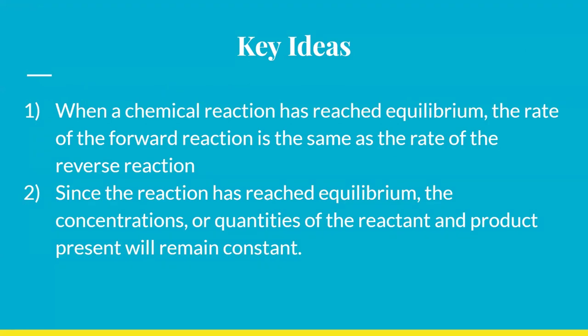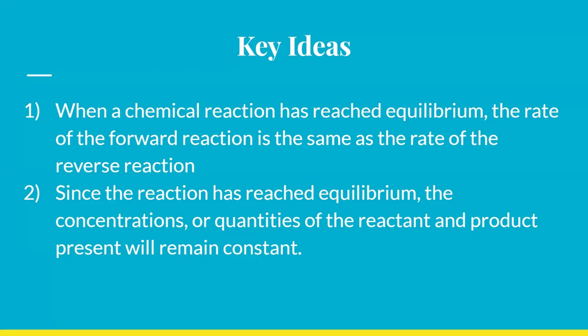Now, I'm going to reiterate that there was a pattern through all of our conversations about equilibrium, and that is that equilibrium is not about quantity being equal, it is about the rate of two processes being equal. One process moving in one direction and the other process going in the opposite direction, sort of undoing what the first process was doing at the exact same speed.